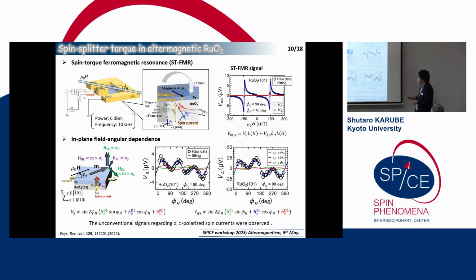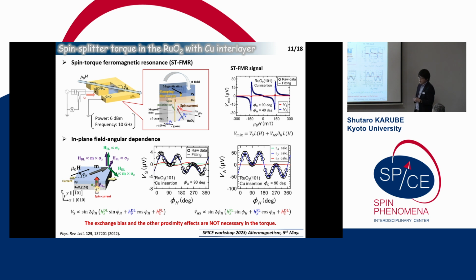This is a result for the symmetric and asymmetric amplitude as a function of phi_H. The phi_H is defined as a relative angle between the applied current direction and the external field direction. Using this kind of sinusoidal function, we can distinguish x, y, and z polarized spin components. Then we found the unconventional signals regarding the z and the x polarized spin currents. This cannot appear in the conventional spin Hall effect, we know.